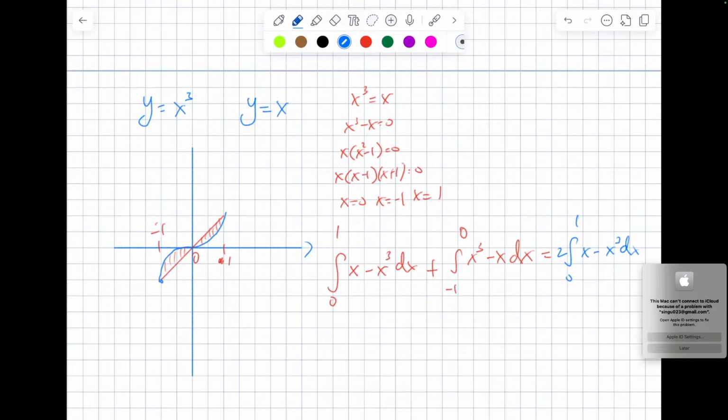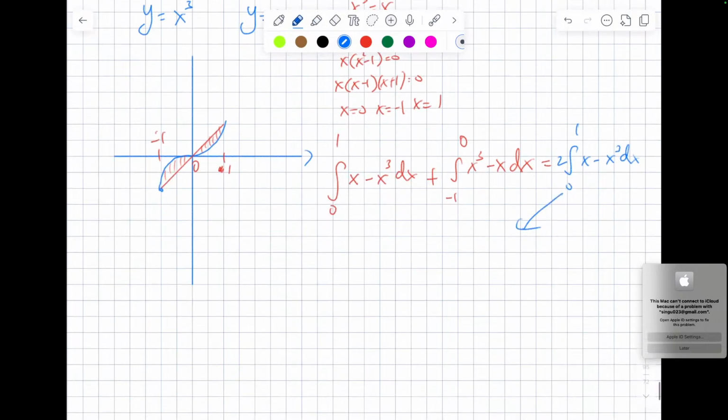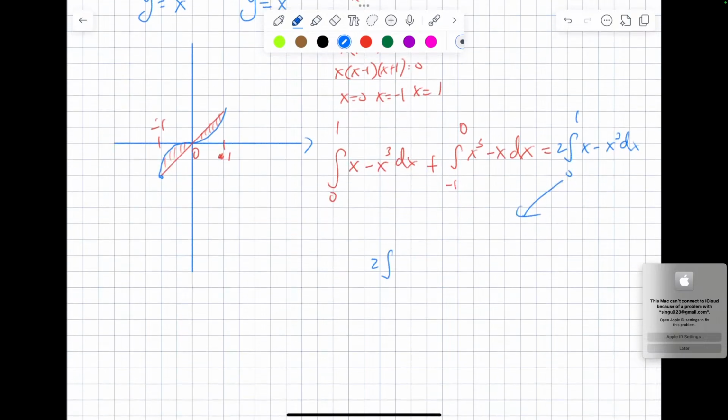You're going to find out the answer for this one. It's going to be 1/4 plus 1/4, so it's 1/2 anyway. But if you do it this way, it's going to save you half the amount of work. So then you say 2 between 0 to 1, so that's going to be 2 times x squared over 2 minus x to the fourth over 4, between 1 and 0.